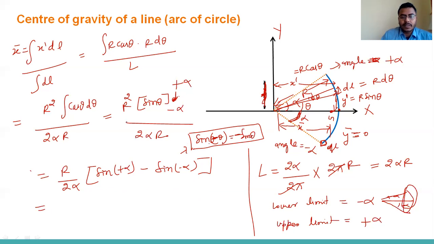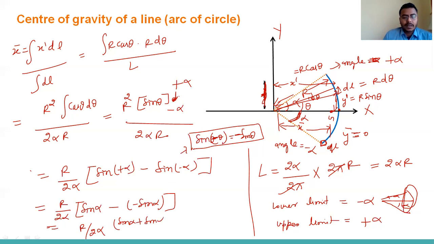So we can write r divided by 2 alpha into sine alpha minus, with the minus coming outside, minus sine alpha. R divided by 2 alpha into sine alpha plus sine alpha, since minus minus will be plus.